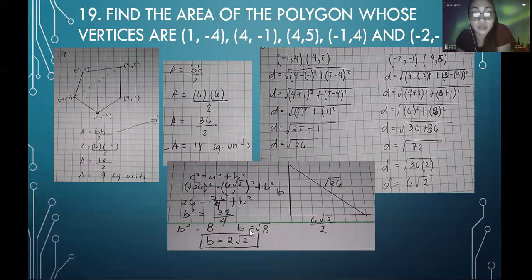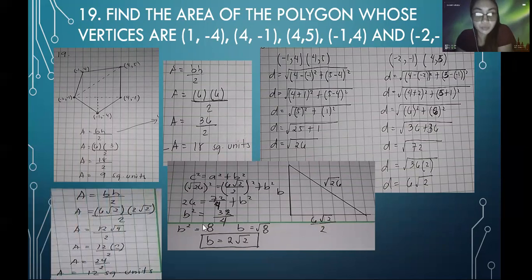So the square root of 4 times 2 is equals to 2 square root of 2. So, when the area of the polygon, here is the formula.